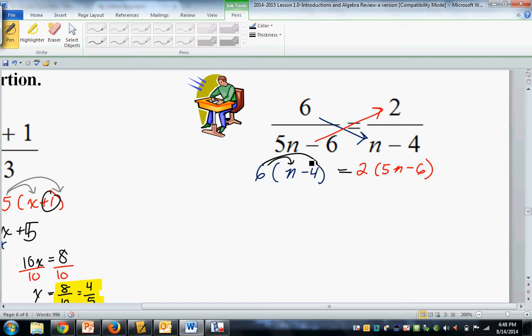Then you distribute. And we have 6n minus 24 equals 10n minus 12.